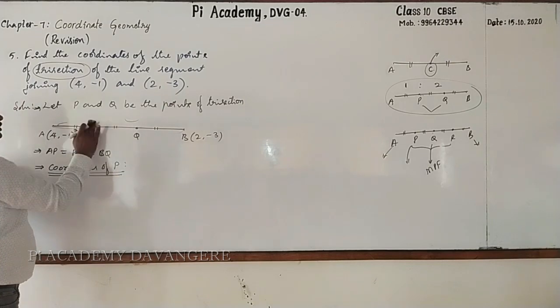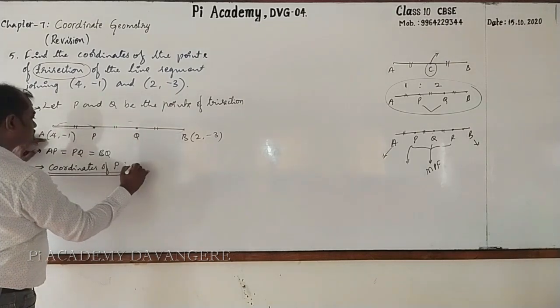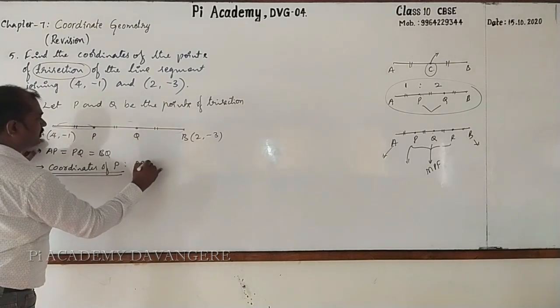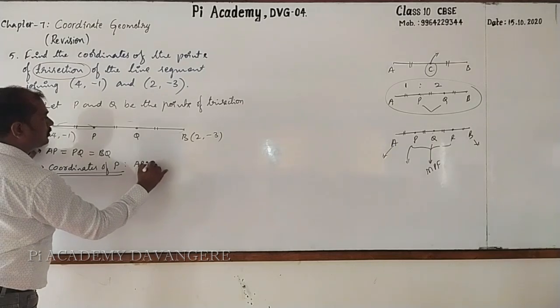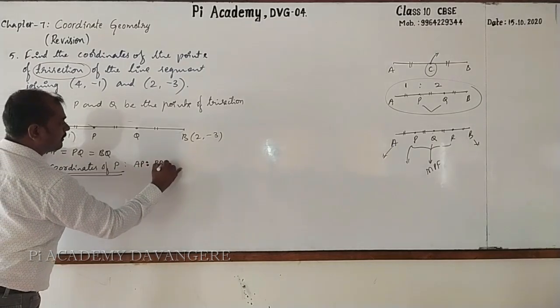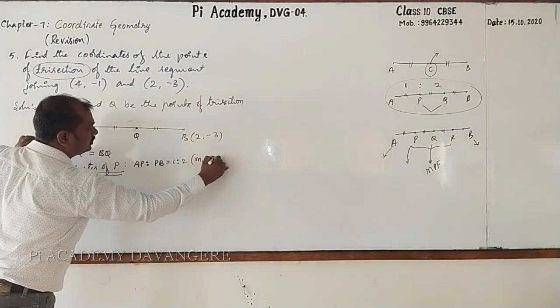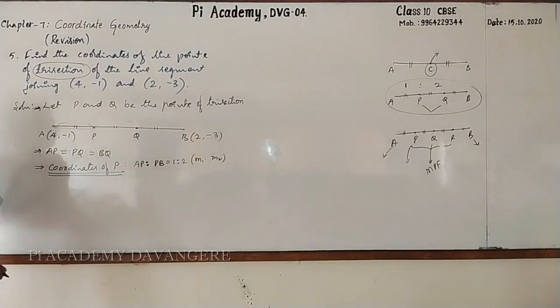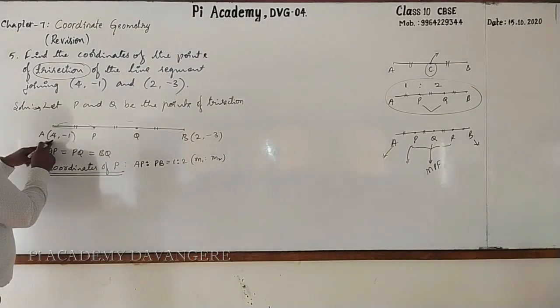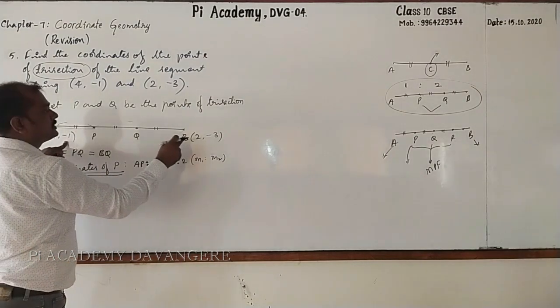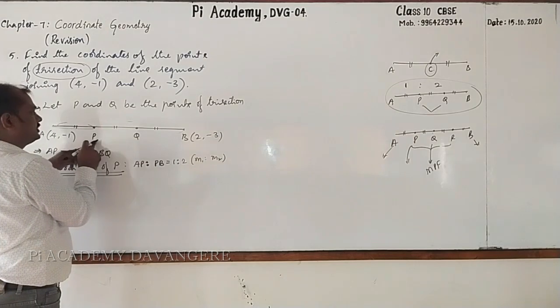Yes. Here I'll write AP is to PB equal to 1:2, which is m1:m2. Now take this as x1, y1, this is x2, y2, and this is x comma y.